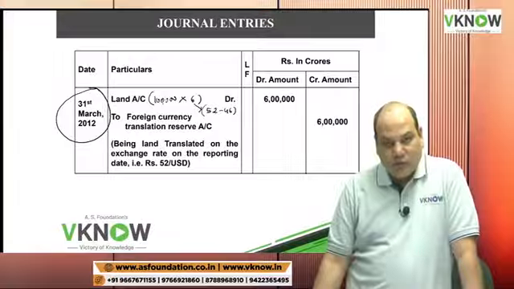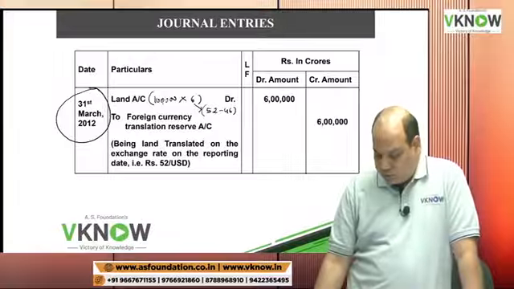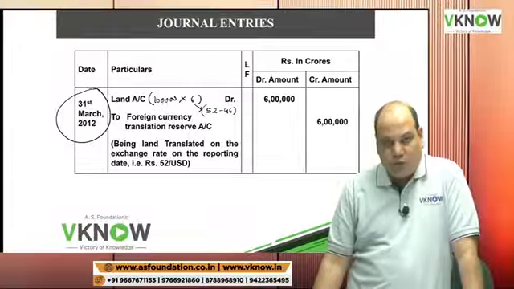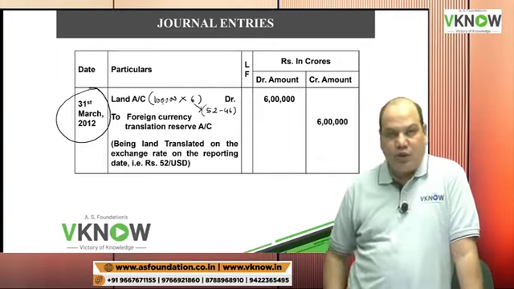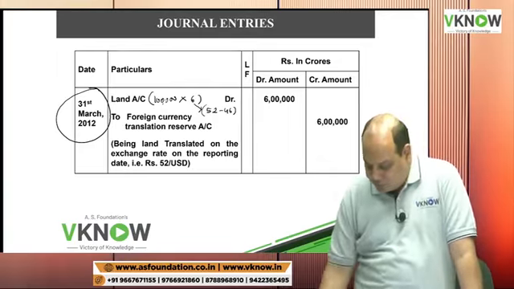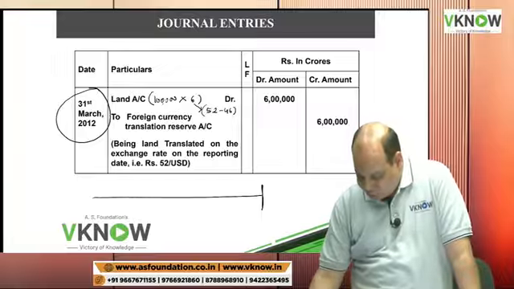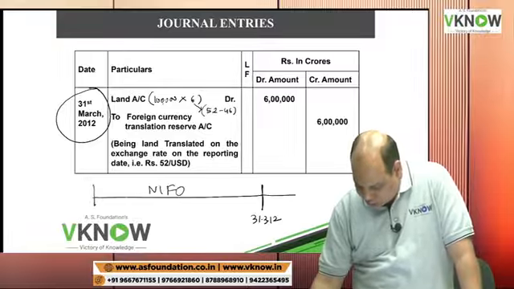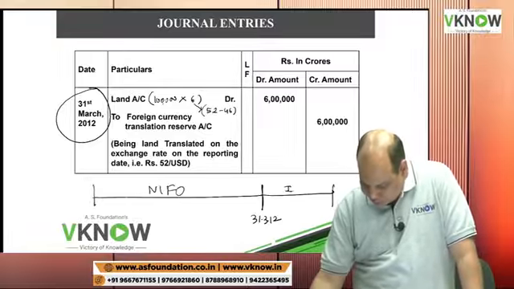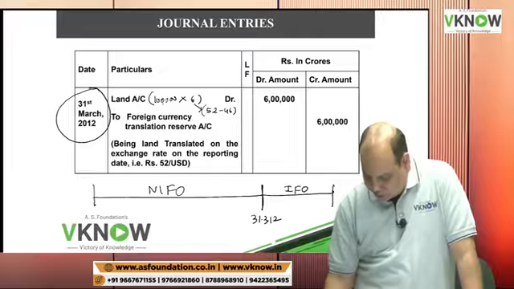Being land translated on reporting date. Land translated using the exchange rate on reporting date. This is the date up to which the old classification was there, and after that it will become integral.